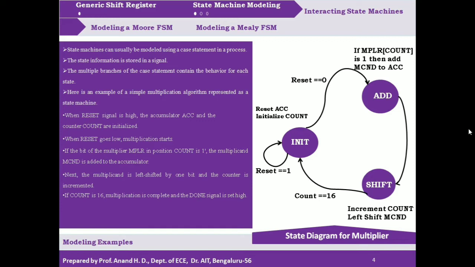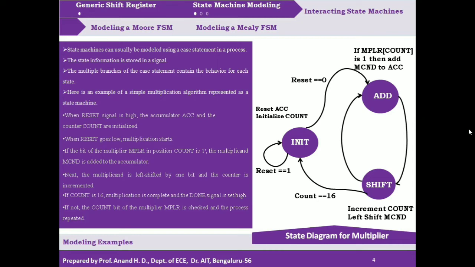So it checks whether the variable count, which specifies the number of bits of the multiplier, is equal to 16. If yes, then it goes back to the initial state. If it is not equal to 16, then there will be a state transition back to the add state, and the process gets repeated until the count is equal to 16.